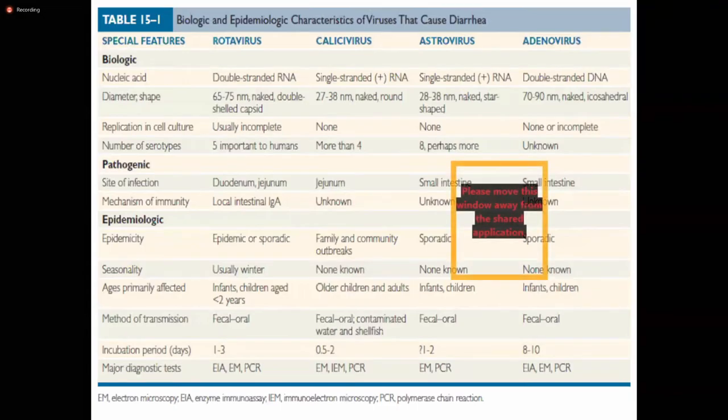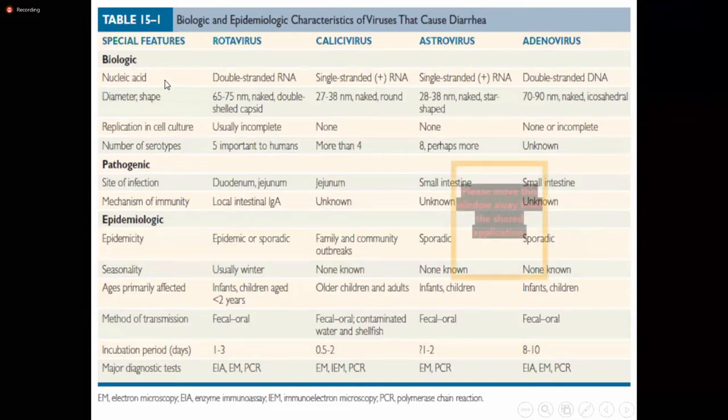And we are going to compare between the different viruses, and you have to know every point in this table. This is not a table, this is text. So the viruses that I am going to talk about during this lecture are rotaviruses, caliciviruses, astroviruses, and adenoviruses.